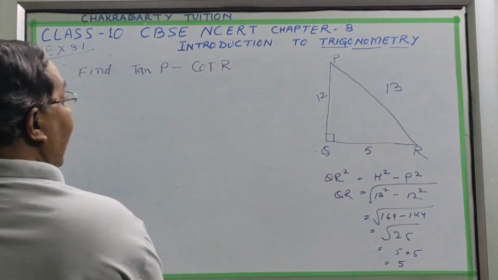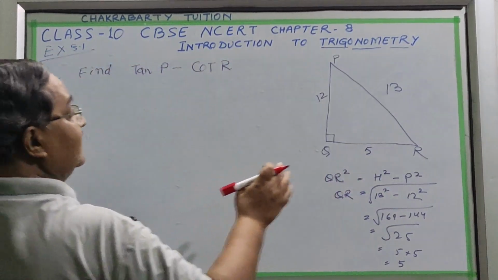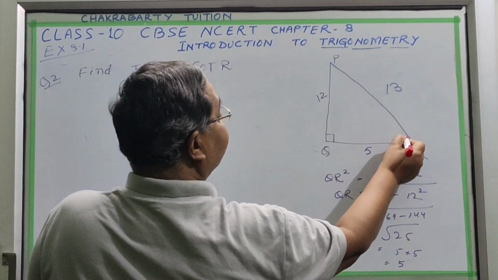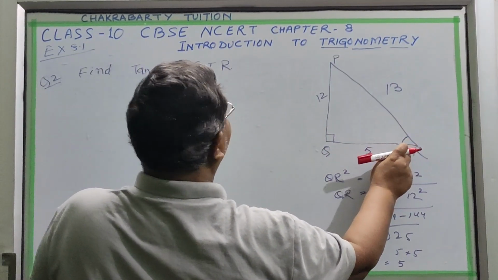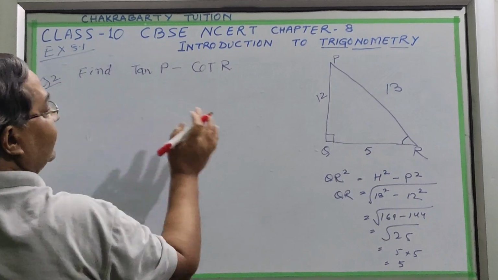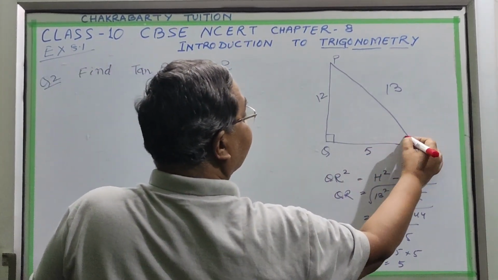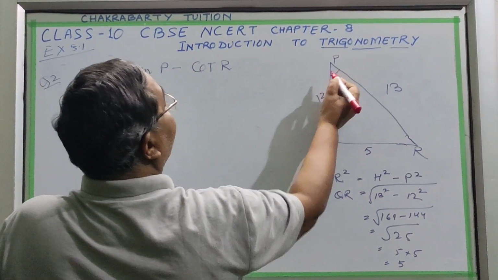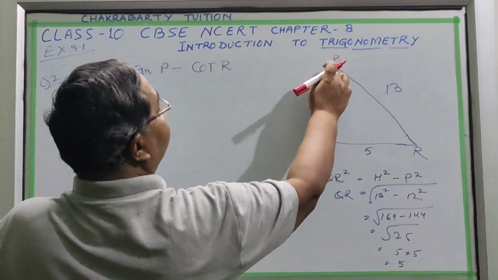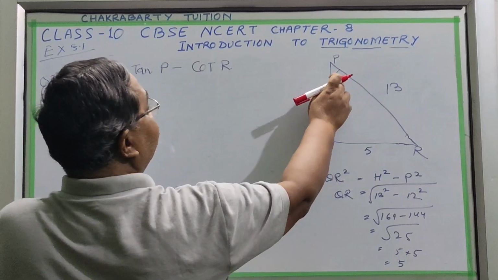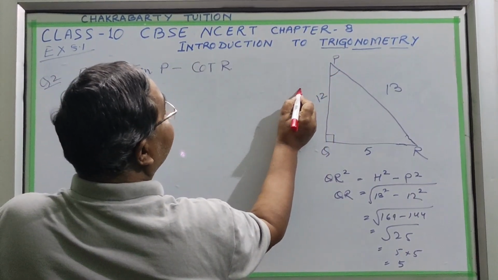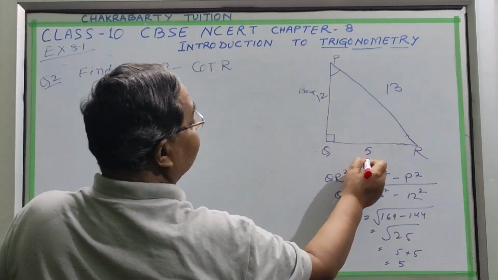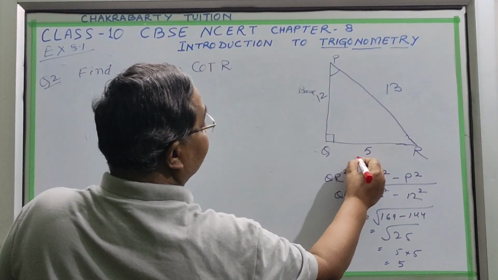Okay. Now first we will find tan P. Suppose we are taking this relationship, from here we are discussing. So suppose we will take tan first. Tan P means theta is here. So if we are taking tan P as theta, then the side adjacent to theta becomes your base, and this becomes opposite, it becomes your perpendicular.